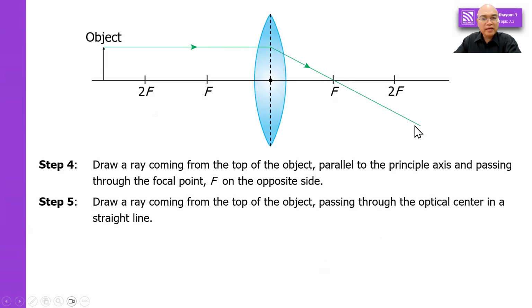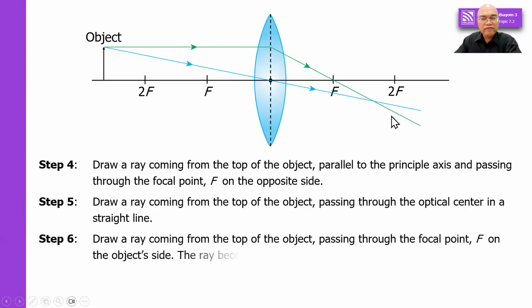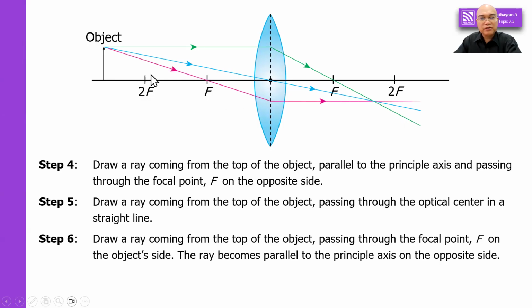And draw a ray coming from the top of the object, passing through the optical center in a straight line. And then draw a ray from the top of the object, passing through the focal point F on the object side. The ray becomes parallel to the principal axis on the opposite side.